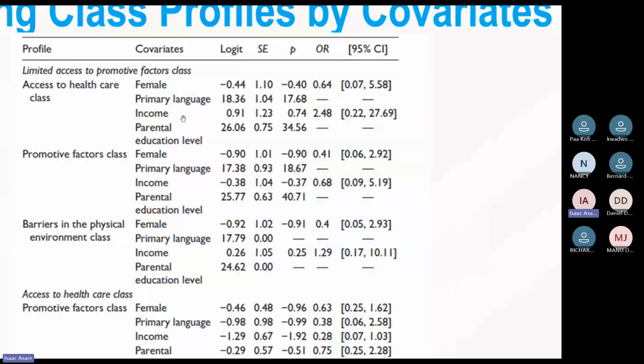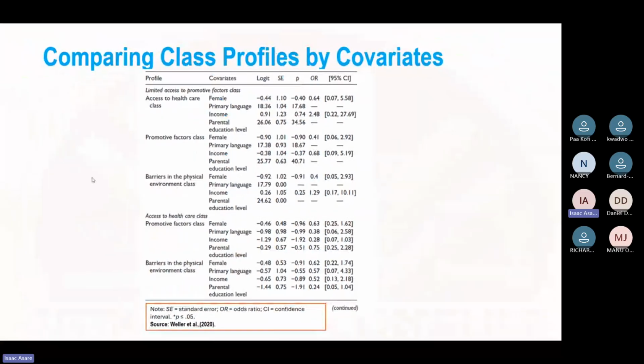You compare all the demographic characteristics that you want to use with the classes or profiles that you have been able to establish, right? So these are some of the things that you need to have when it comes to your writing, or the reporting of your results, right?